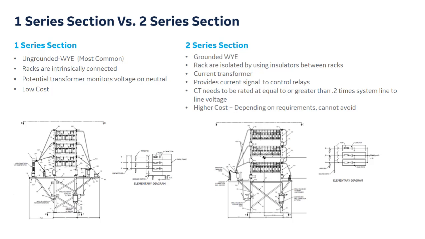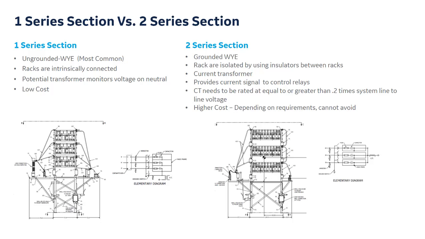Now, when required to go from 1 series section to 2 series sections, at that point, the connection type will go to a grounded Y, a GY. The racks are going to be isolated by using insulators between the racks to provide the protection. Instead of a PT, we'll use a current transformer, and that current transformer is going to measure the current traveling on the neutral.